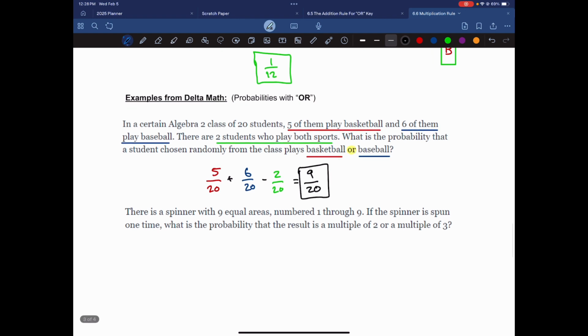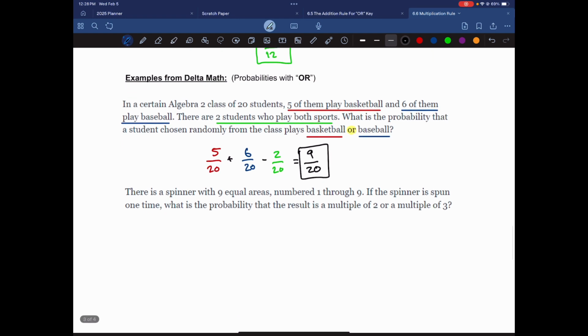So it says there is a spinner with 9 equal areas numbered 1 through 9. If the spinner is spun 1 time, what is the probability that the result is a multiple of 2 or a multiple of 3? Okay, so am I in an and or an or? I'm in an or, right? So or is add, okay?